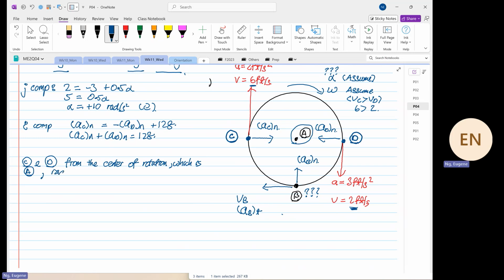The radius is equal to 0.25. Therefore, we are aware that A in the normal direction is equal to omega squared R. And we know that point C and point D are on a single rigid body.